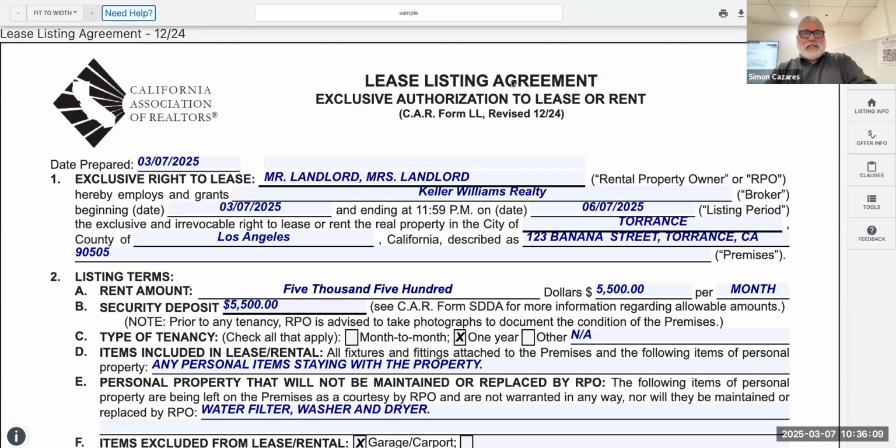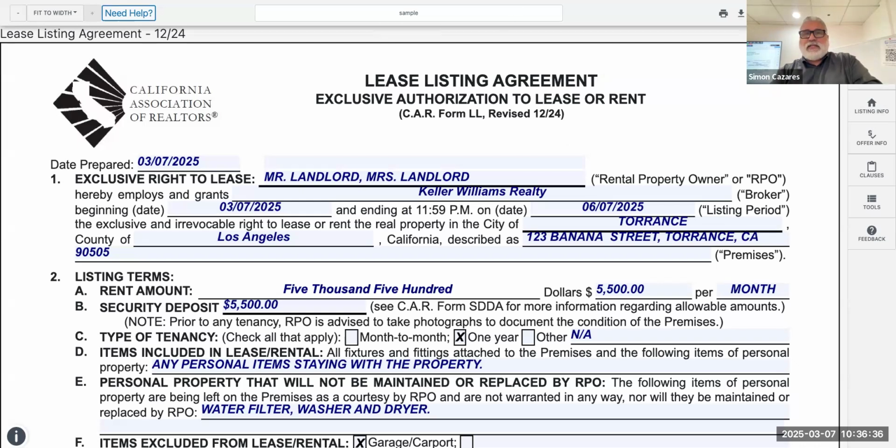All right. The next is the employment and who grants this, right? This is where you're going to put yourself as the agent, the lease listing agent. So that would be Keller Williams. The beginning date and the expiration date, right? The date that you're going to start promoting this and really just trying to find tenants out there.